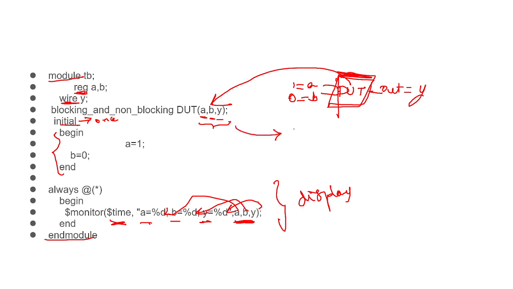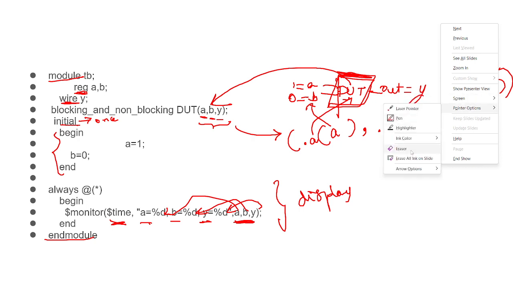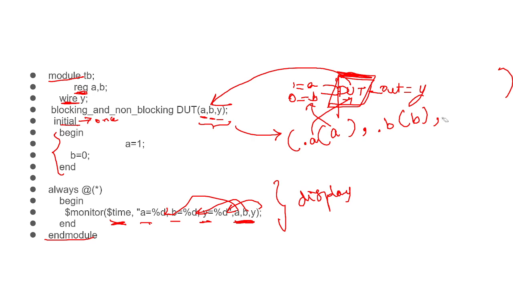Otherwise another way of doing instantiation is dot A, the name it has same as in this module, and the variable name same as in this test bench, comma, complete port list, a b, dot out. Okay, here it is y, dot y.